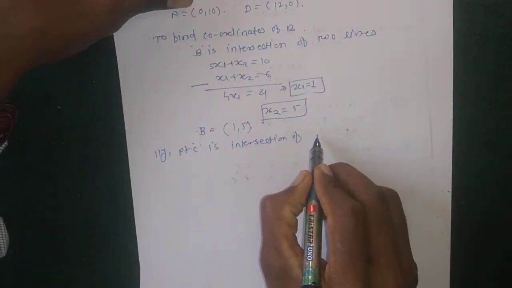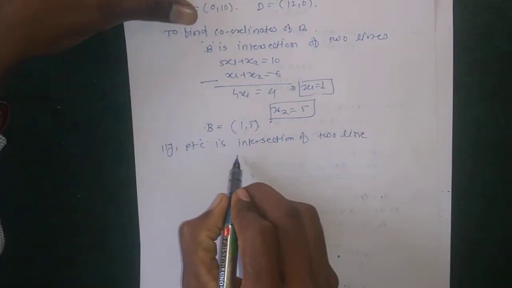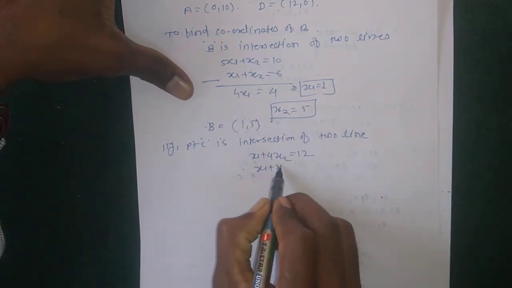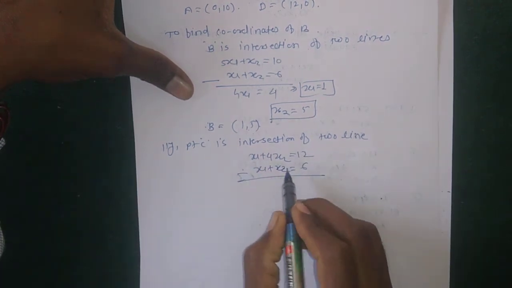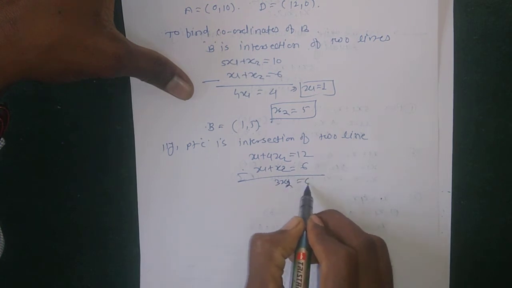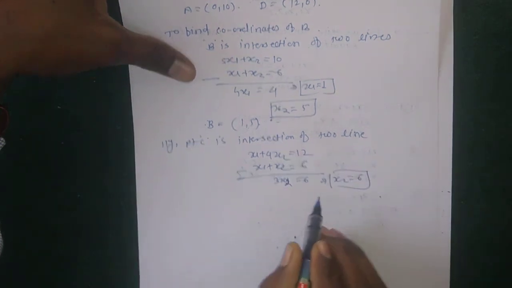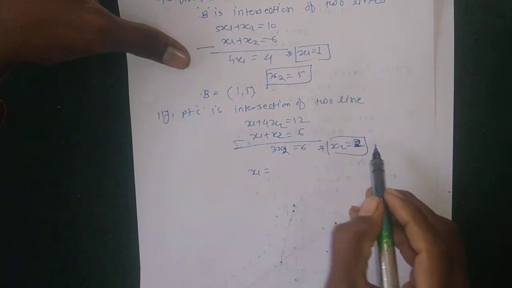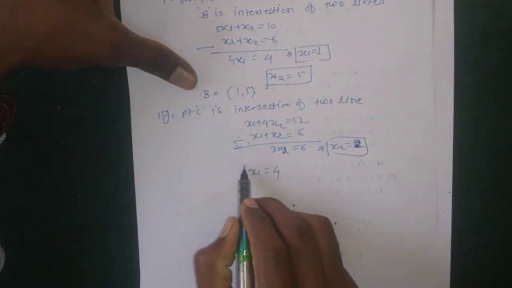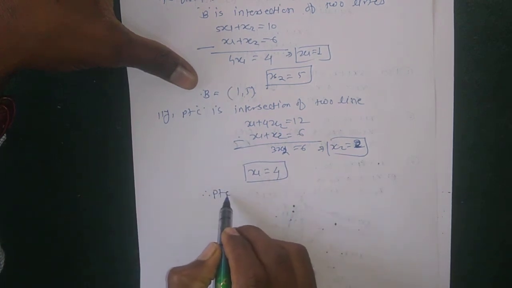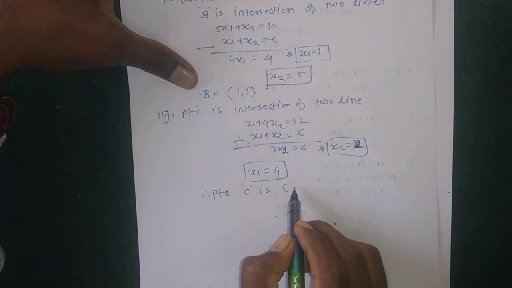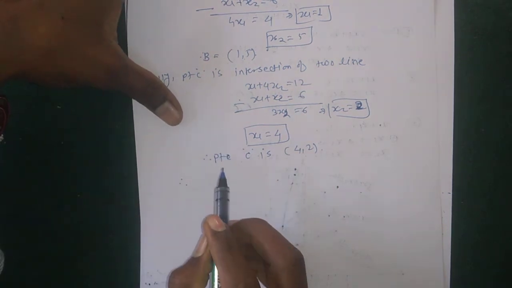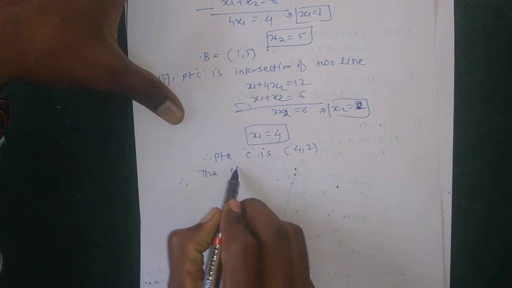Subtracting, we get 3x2 equal to 6, which implies that x2 is equal to 2. With x2 equal to 2, x1 is equal to 4, and therefore point C is (4, 2).